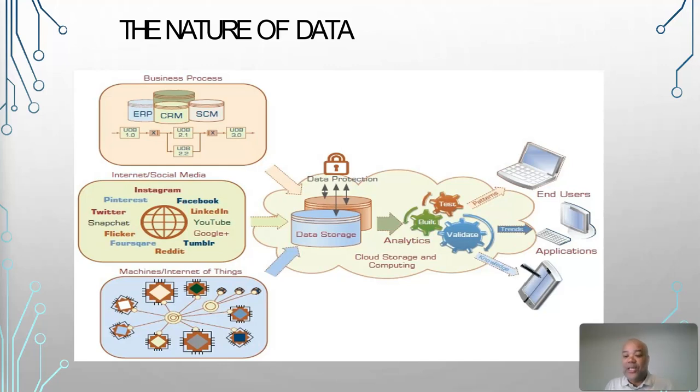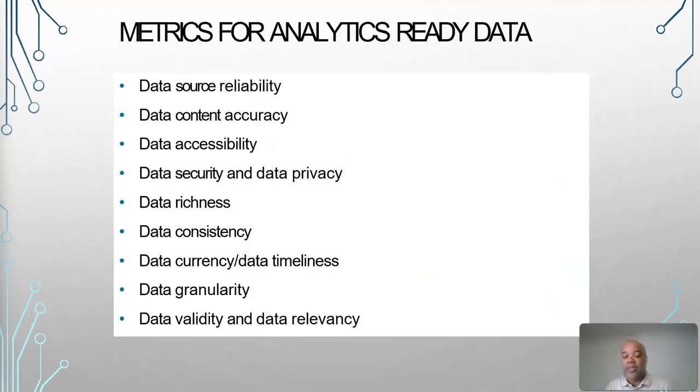So this interconnected system shows how data drives everything from business processes to personal applications, reinforcing its critical role in our digital ecosystem. So to ensure data is ready for analytics, we have to evaluate data using a range of metrics. And that's what's outlined right here.